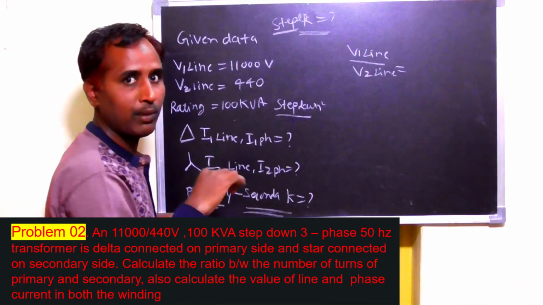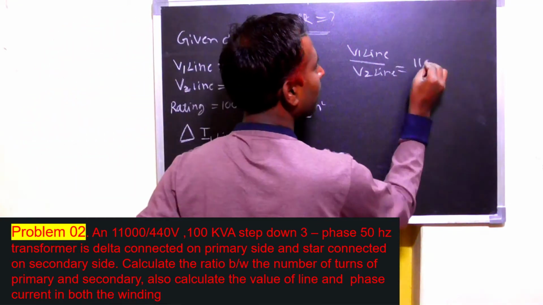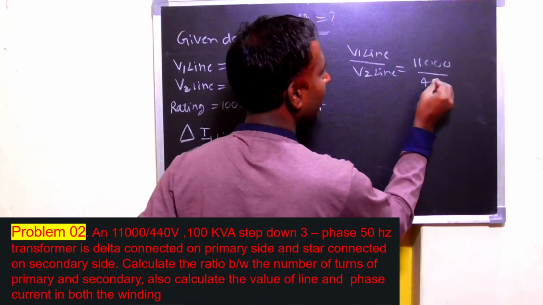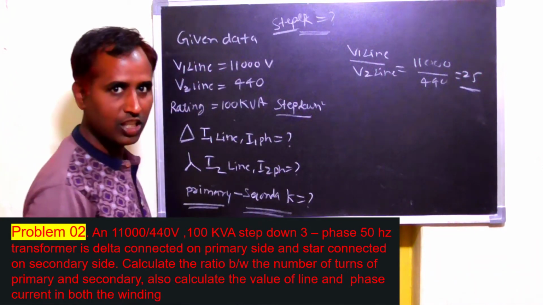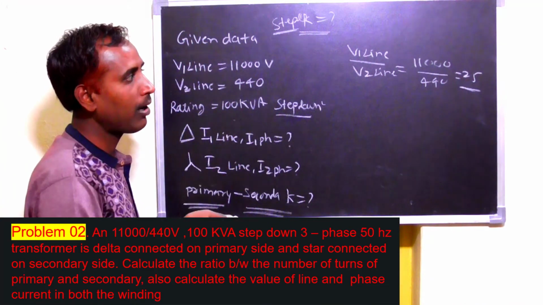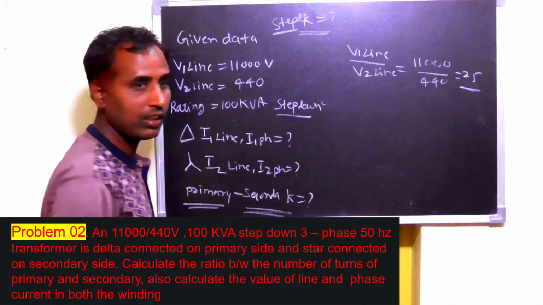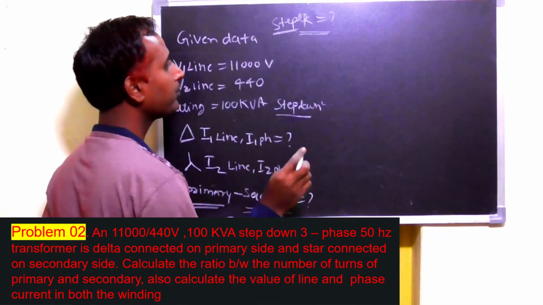In the previous problem, we solved it by putting line voltage 11,000 here and 440 here, and we got 25. In the last problem we solved it like this only. But in this problem, he has not solved it like this. That's why I took the time. So here, how do we solve this problem?